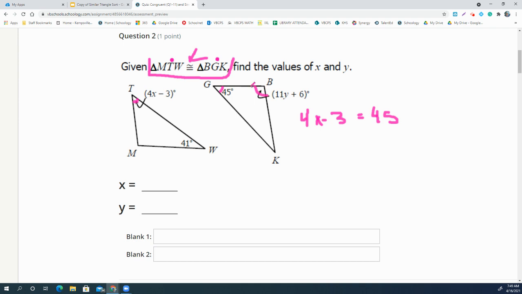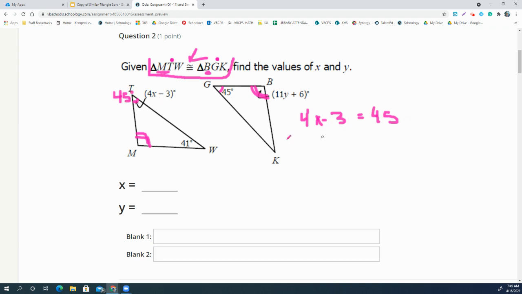Similarly, if we're trying to find y, that's angle B. What does B go with? M, absolutely. So we're going to set B and M equal to each other. The problem is I don't know what M is. So how can I find M? So T equals 45, right?